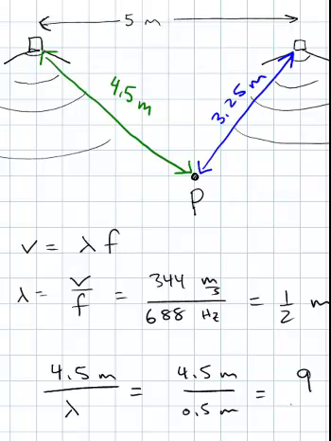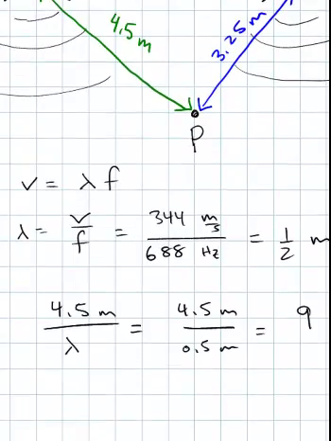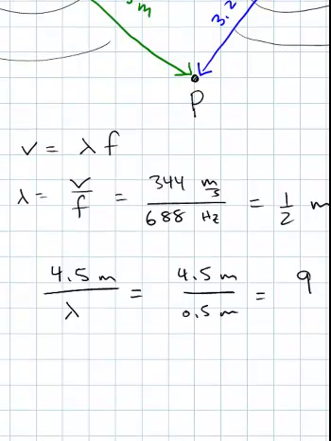Now let's take a look at the other string. Sorry, I was just doing a problem with waves on a string. Now let's look at the other distance, the 3.25 meter distance. And we want to know how many multiples of the wavelength go into 3.25 meters.